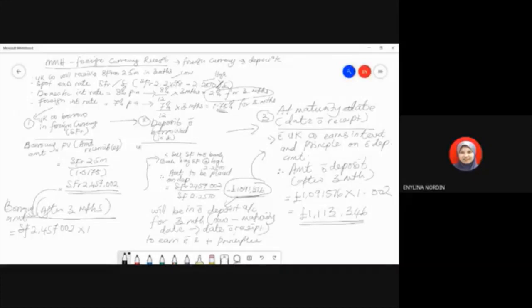So 1 plus 1.75%, which is 1.0175. Therefore, your loan now becomes, after 3 months, 2.5 million. Okay, so this is the loan amount.